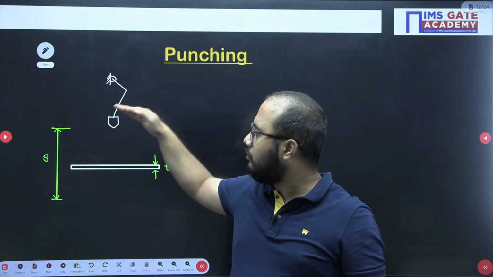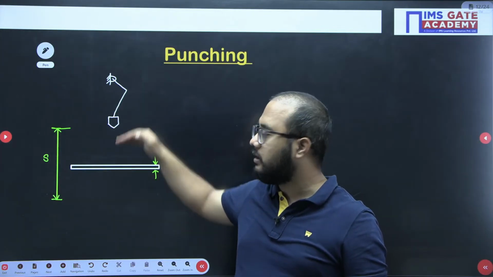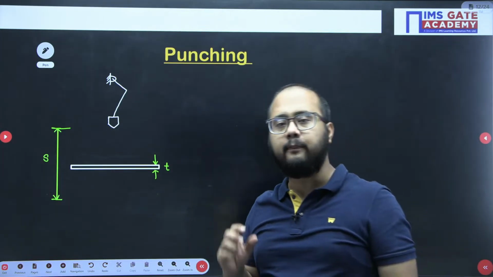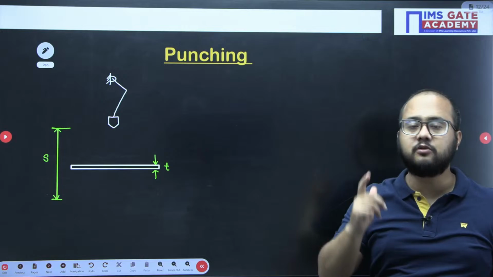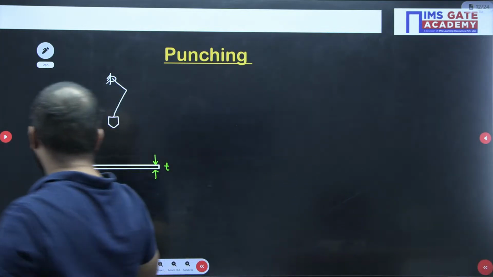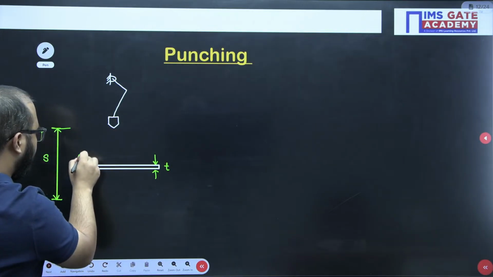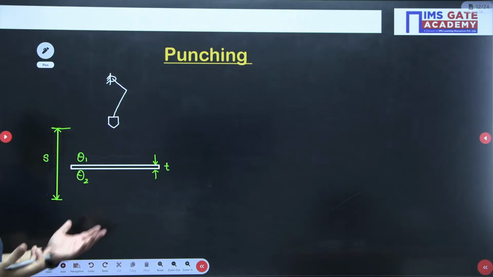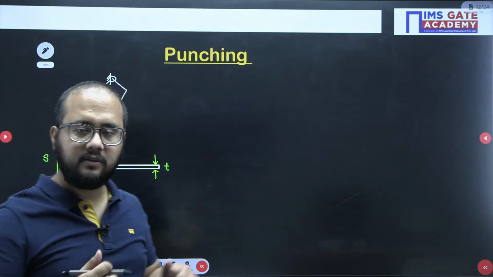While going from here to here and back again, how much angle does the crank rotate? 360 degrees, a complete rotation, that is 2 pi angle rotation. But when actual punching happens, there will be some crank angle theta 1, and when punching is over, crank angle theta 2.